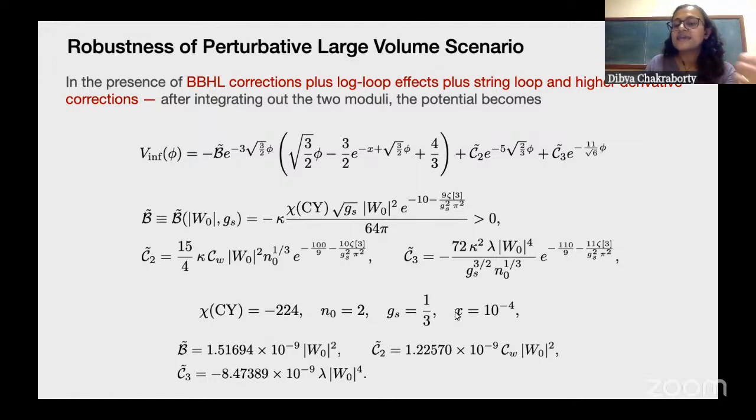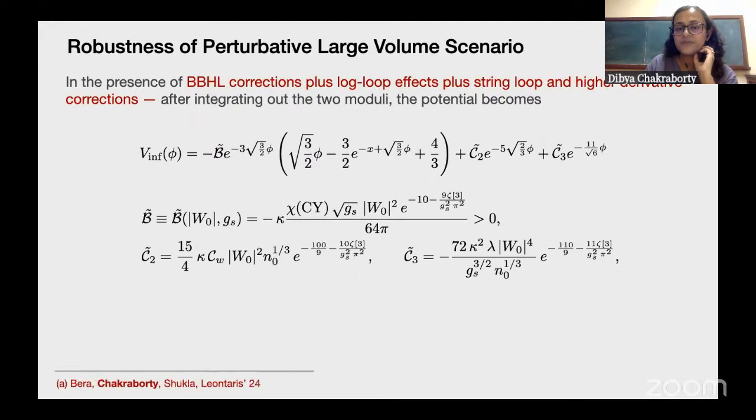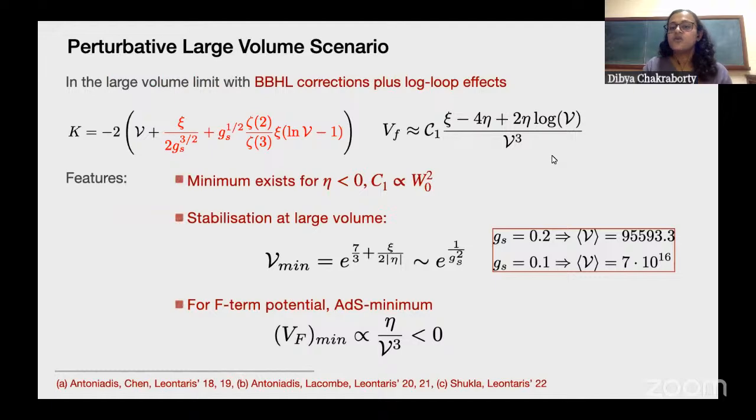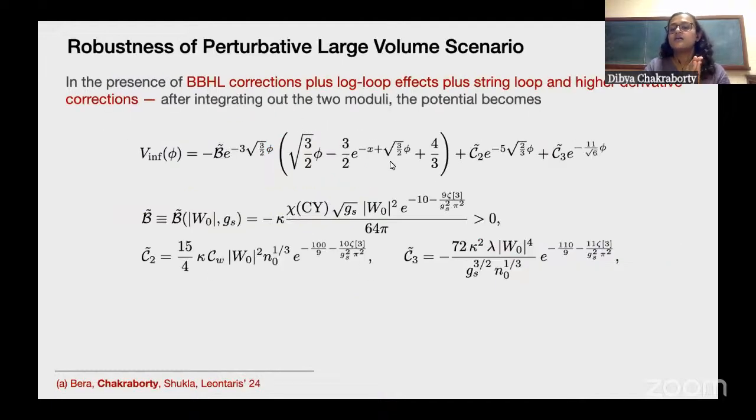X is taking care of this uplift. From here, we have taken a reparameterization of the fields where we have made them canonical. After doing this, we have the effect coming from this uplift term as a constant parameter, which is encoded in this exponential of minus x.